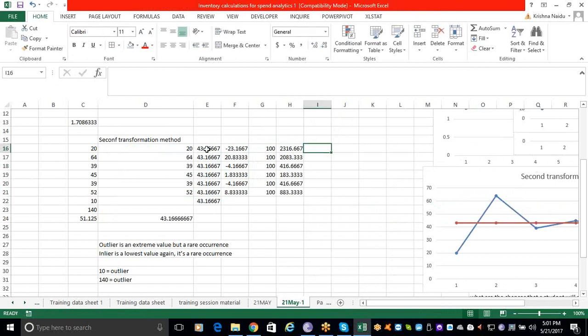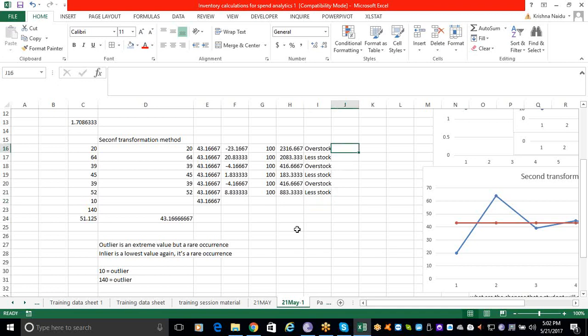So what is the first case? 20 and 43. If the demand is 20 and we predicted 43, so that is overstock. Second is less stock. Third is overstock. Fourth is less stock. Then there is overstock. Then again this is less stock.